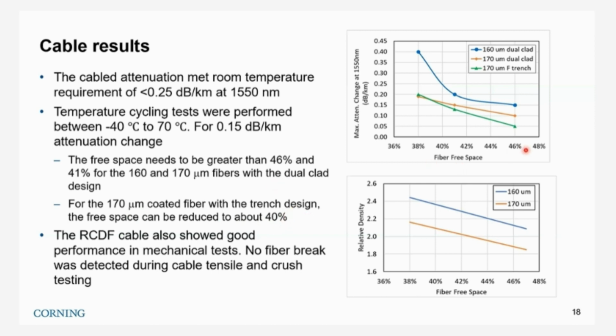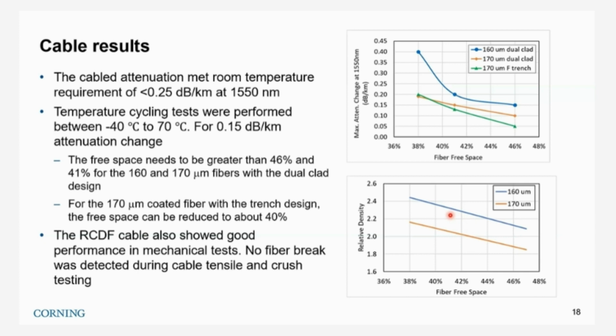So you may think that if you increase the free space, you reduce the cable density, but if you look at the graph on the lower right, that shows the relative density versus the free space. For a given coating diameter, the free space changes the relative density only slightly, but the coating diameter itself has a much bigger impact.